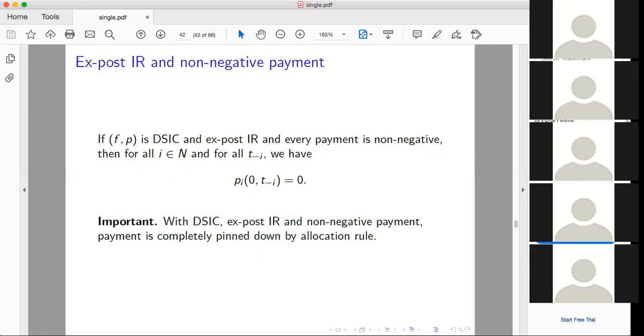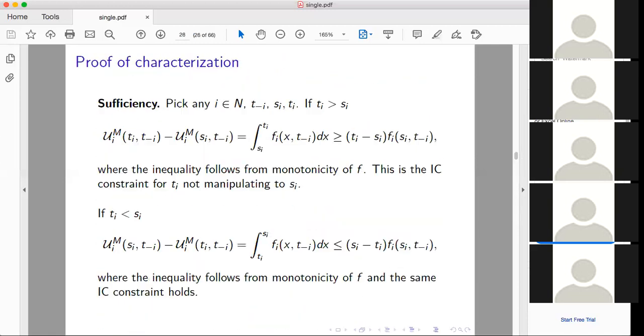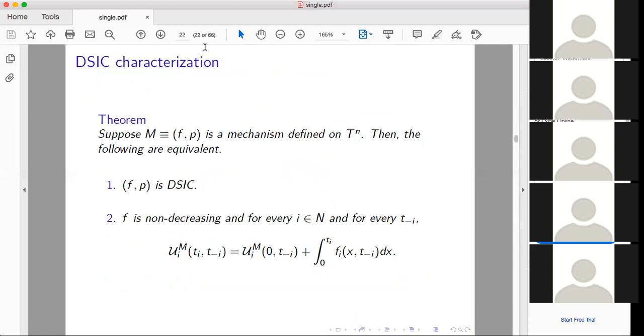And that means that in this characterization here, this term basically disappears. This is equal to 0 because pi 0 t minus i equal to 0 means u i 0 t minus i is equal to 0.